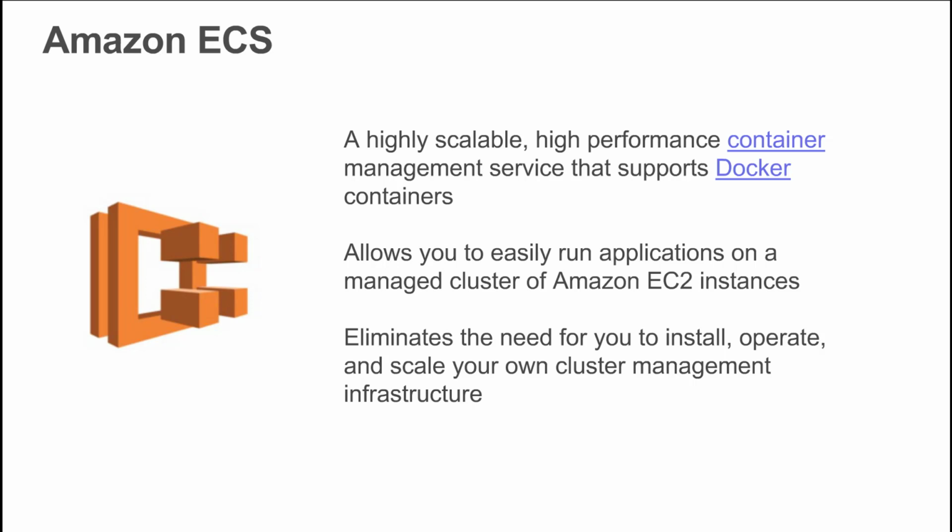You do not need to install or operate any of the cluster management infrastructure; that is taken care of by the service, and it's a managed service, so that gives you that out of the box. And thirdly, you pay only for the underlying resources you're using, the EC2 resources, and you don't pay for the service.